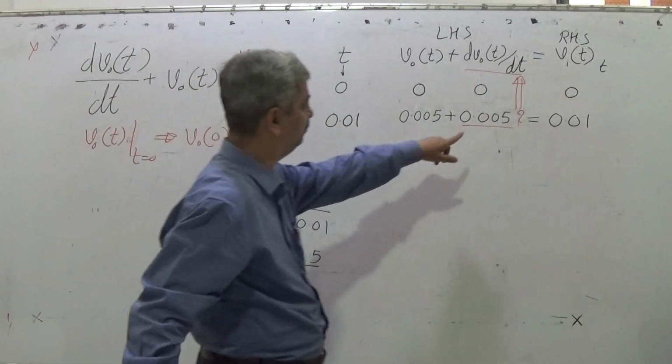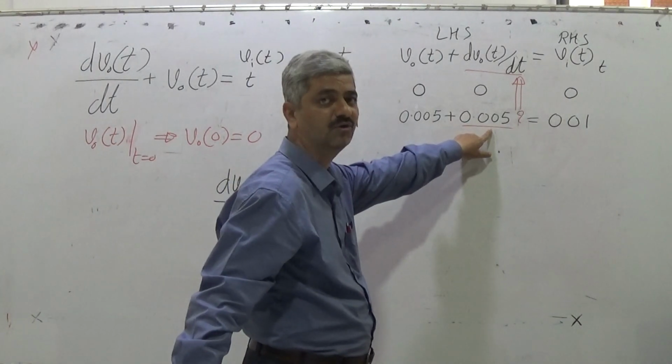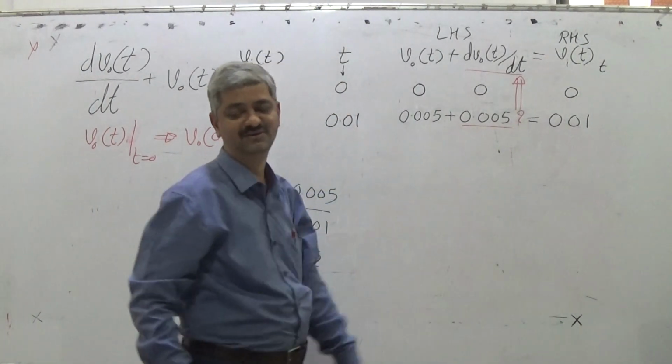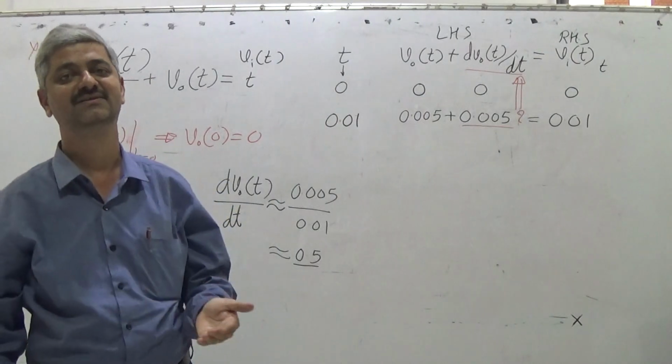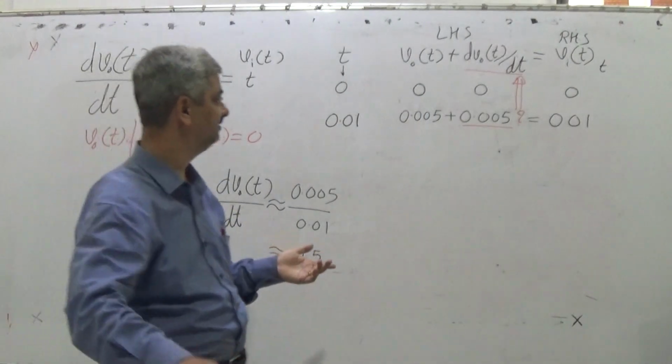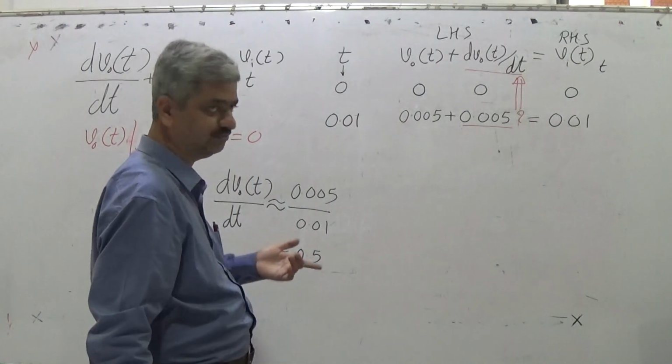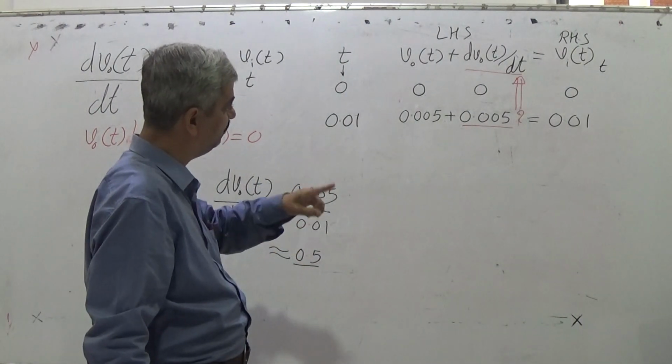and what you have calculated is wrong. Then how do we find it? So what has happened?